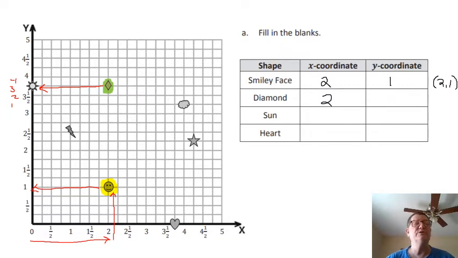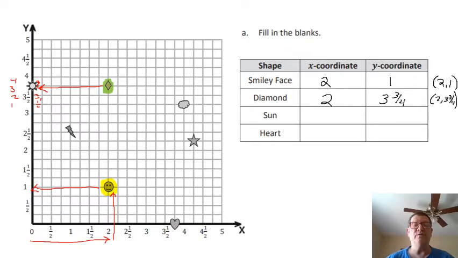So I know each one's going to be a quarter. So this here would be 1 quarter, 2 quarters, and the diamond would be at 3 quarters. So I can see that the coordinate now would be 3 and 3 quarters. And that makes our coordinate pair 2, 3 and 3 quarters.